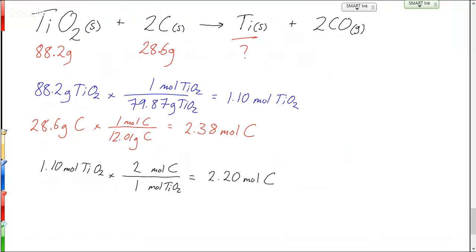So this tells us that for 1.10 moles of TiO2, we need 2.20 moles of C. Now we're going to compare these two.